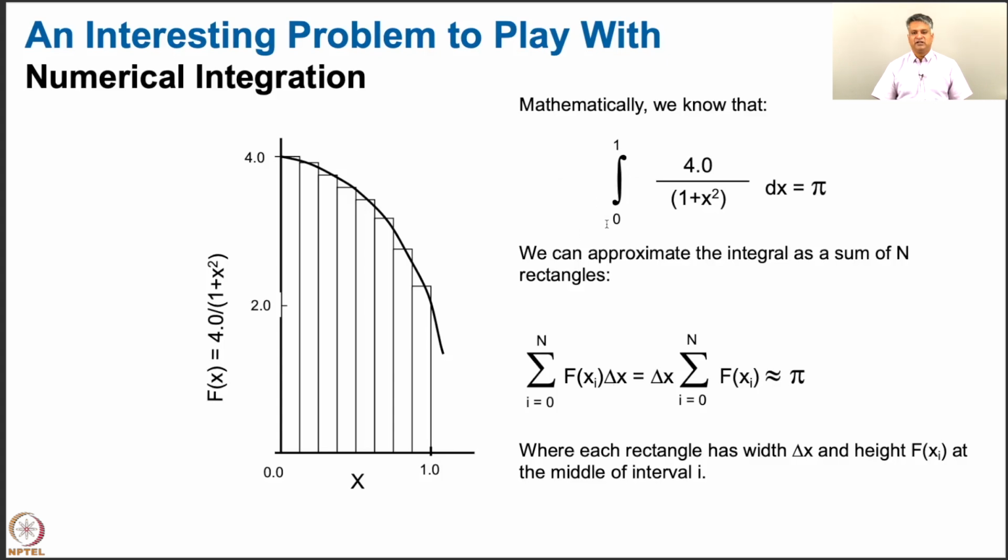Mathematically, we know that if we integrate within the limits of 0 and 1, the function 4 over 1 plus x squared dx, we would get the value of pi. Now, we can do this by hand analytically, but let us try to do this numerically.